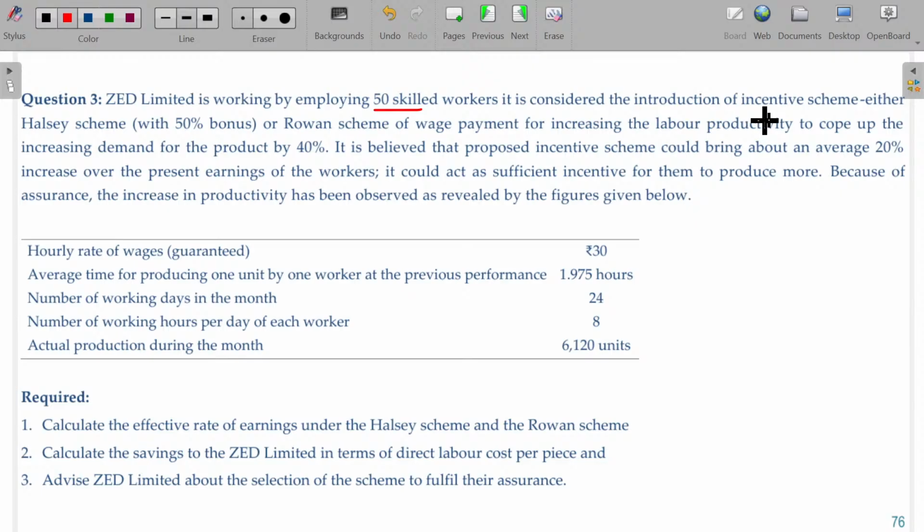It is considering the introduction of an incentive scheme, either Halsey or Rowan scheme of wage payment, for increasing the labor productivity to cope up with the increasing demand for the product by 40%. So what happens here: demand increases by 40%.